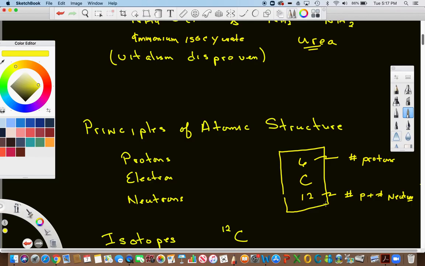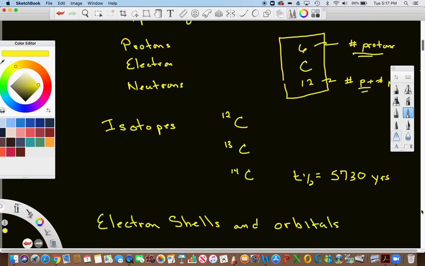And as we remember now, we could also then have isotopes. Isotopes are compounds that have the same atomic number and different mass number. And yes, carbon has 3 isotopes. There's carbon-12. It's most abundant, like 99%.